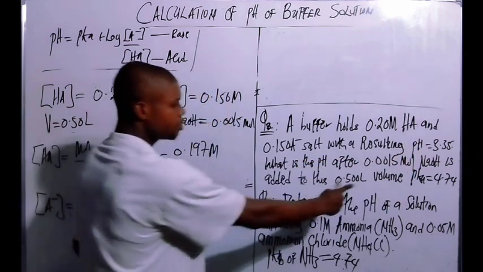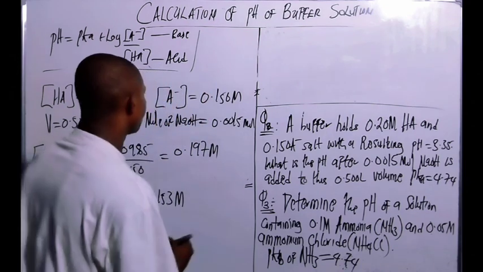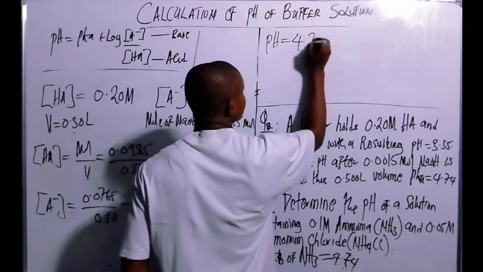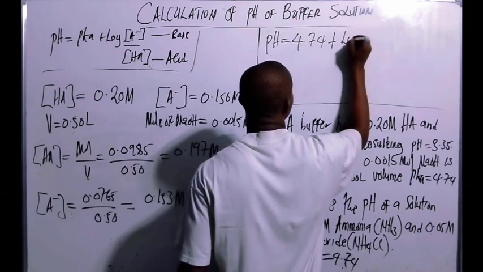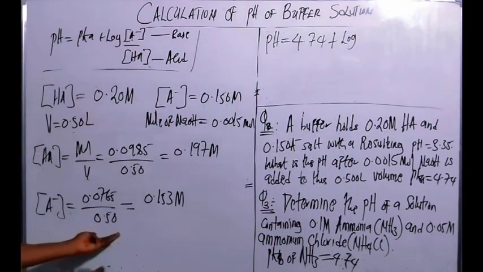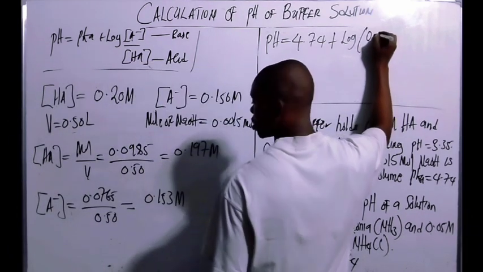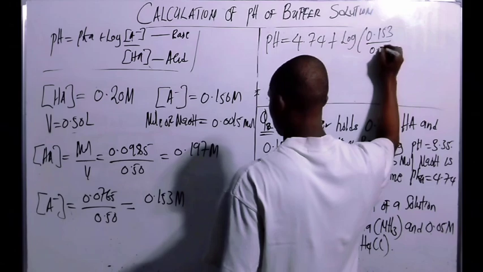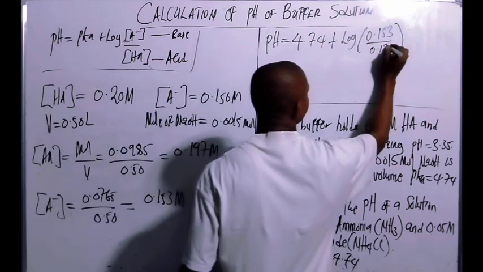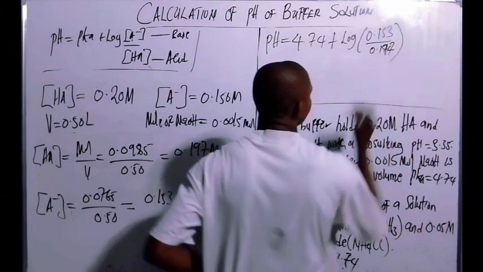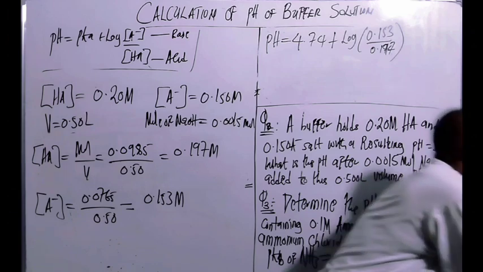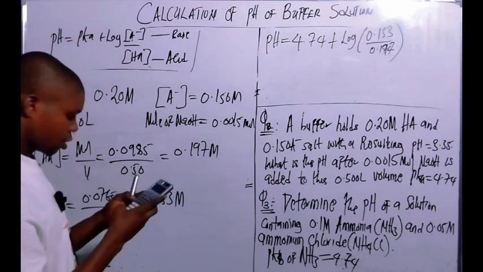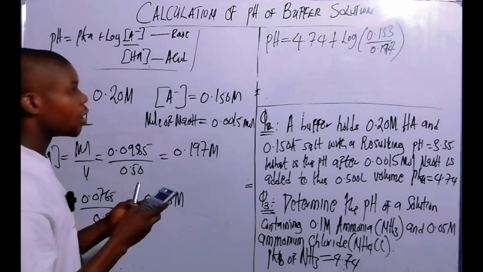So now what I want to do is apply the formula here. pH is equal to pKa, which is 4.74, plus log of A minus, the conjugate base, which is 0.153, over the acid, which is 0.197. So bring out your calculator: 4.74 plus log of 0.153 divided by 0.197.